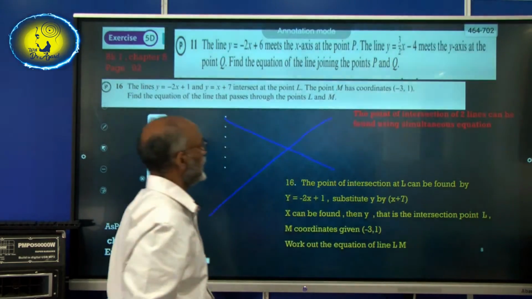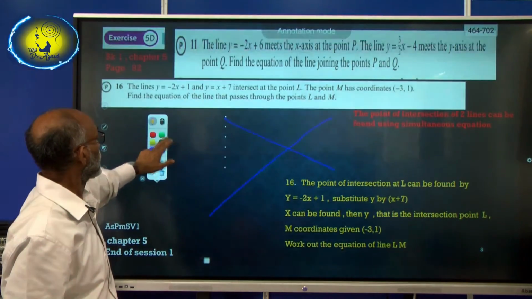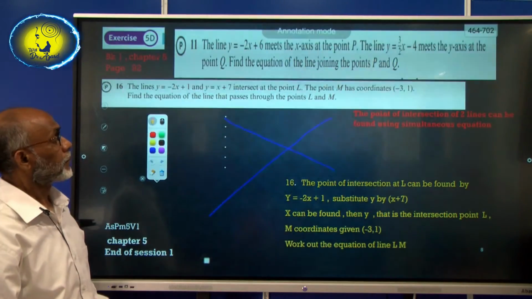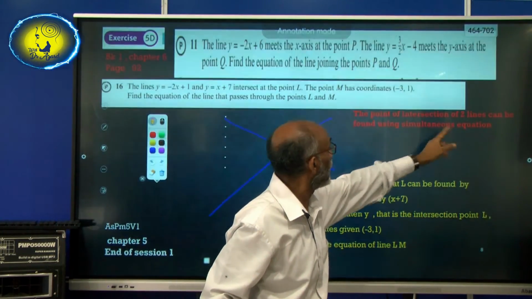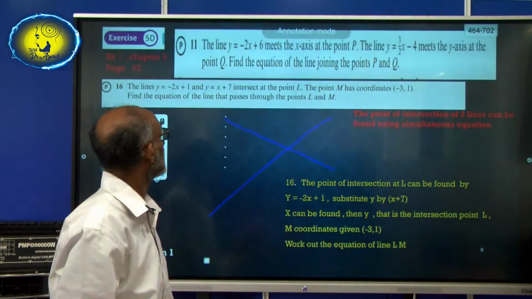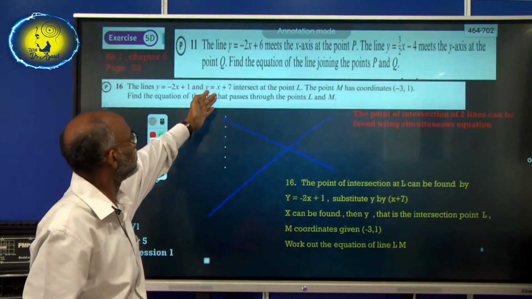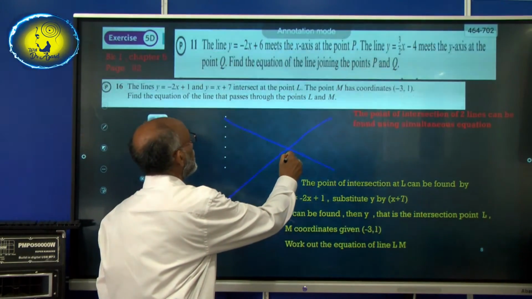As I said earlier, the point of intersection of two lines can be found by using simultaneous equations. So if we have two equations, we will be able to find the point L.